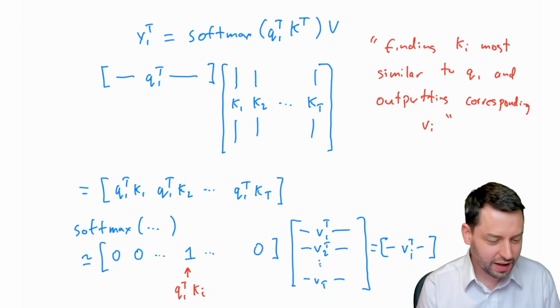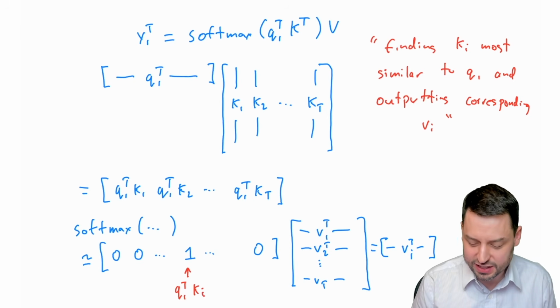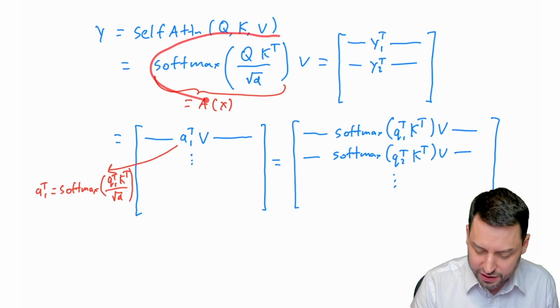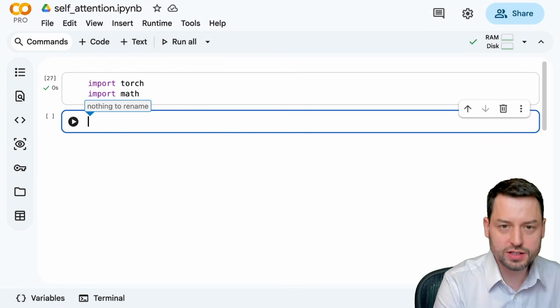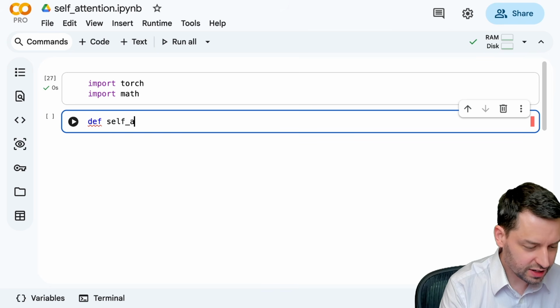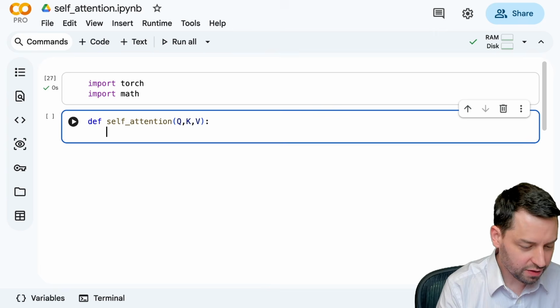The actual implementation of self-attention, because it has this simple matrix form here, is very, very short. And in particular, it just looks like the following. So let's define self-attention as a function of q, k, and v.